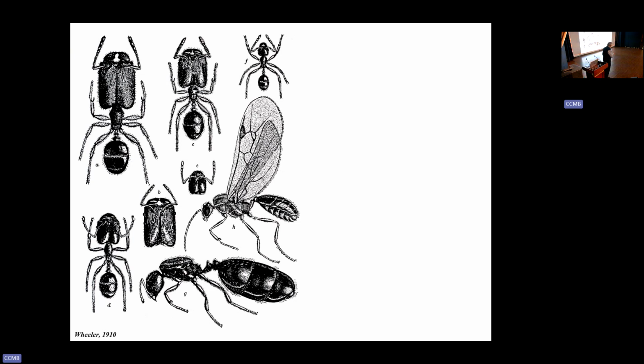Here, for example, is a rather famous drawing of different ants present in a single colony. Now look at this individual and compare her with this individual. They look so different, but their body size and shape and structure is suited for the tasks they perform. For example, this ant would be very efficient at carrying small seeds and bringing it back to the nest, a task at which this ant would be hopeless at.